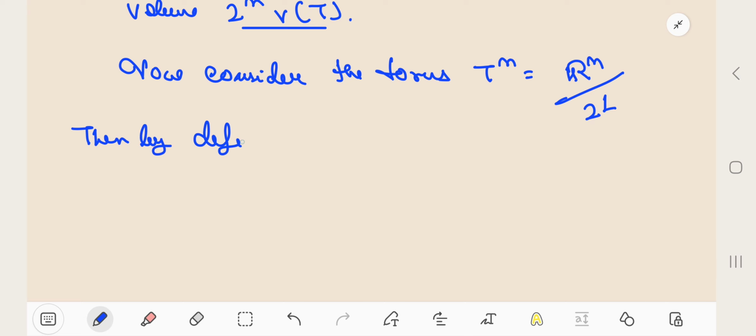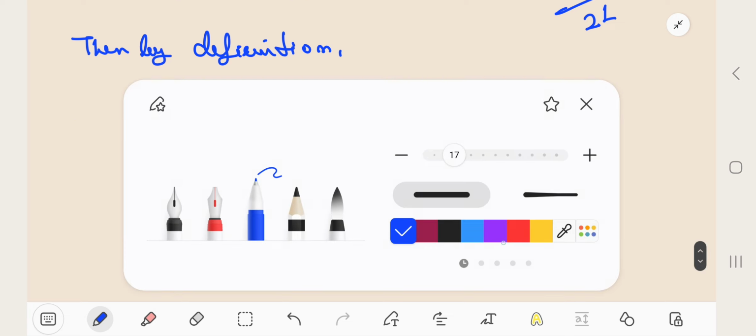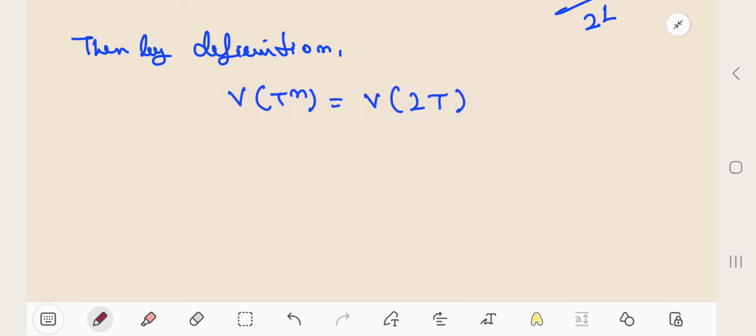Okay, so then by definition, we have the volume of T, let me write it below. Then the volume of T to the power n is the same as the volume of 2T. And why is it the volume of 2T? That's also quite obvious to observe. If you recall how we used to define the volume of subsets of the torus, we defined that by bringing that torus back to the fundamental domain, using the bijection of the fundamental domain and the n dimensional torus.